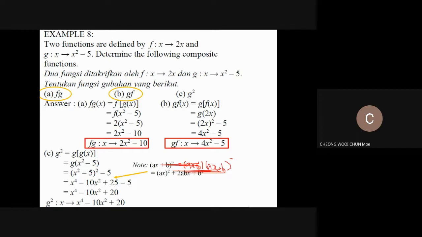When you expand it, you get 4 terms: 1, 2, 3, 4. Then you simplify and become 3 terms already because the x terms can be simplified.